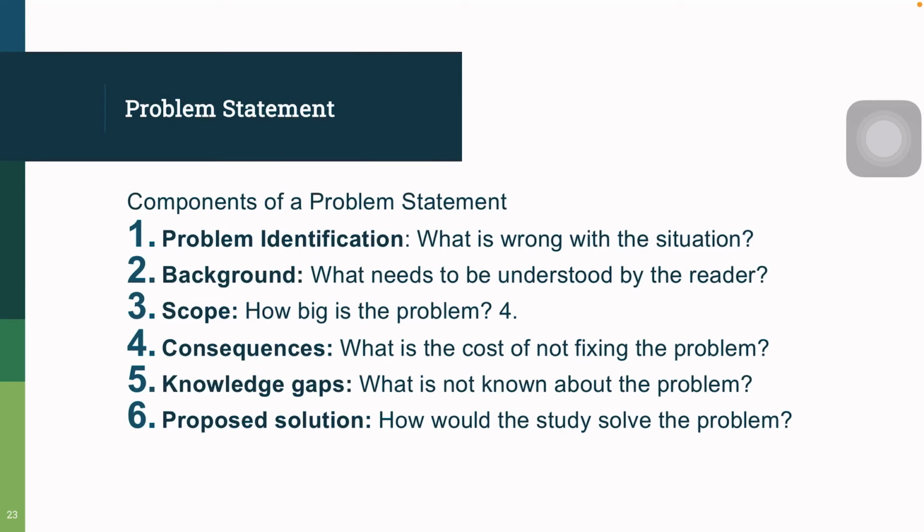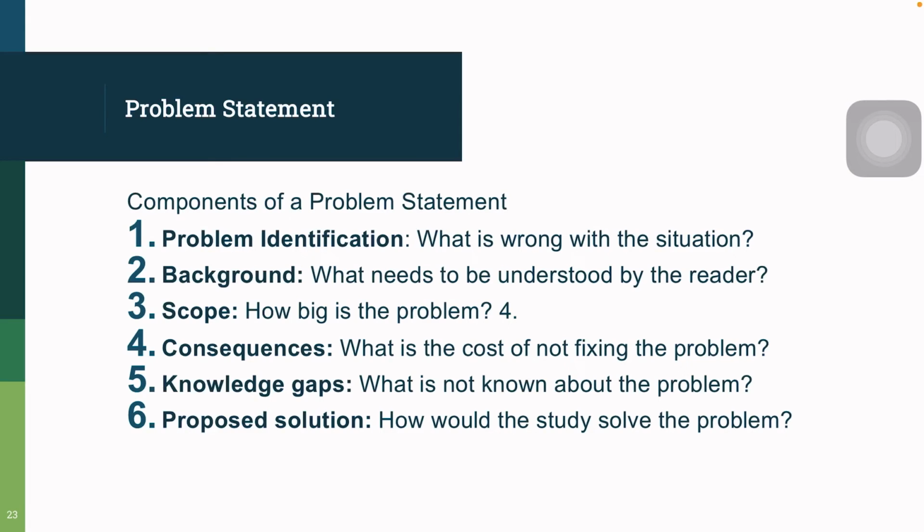Now, here are the components of your problem statement. The problem statement is basically the foundation of your study, and as such is usually preceded by several paragraphs of background information that set the stage for the proposed study. These paragraphs identify the following. You have the problem identification, what is wrong with the situation.